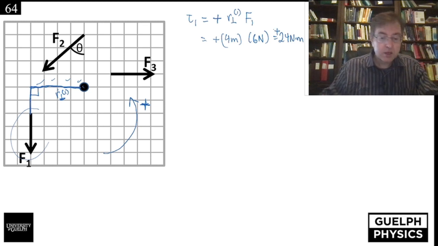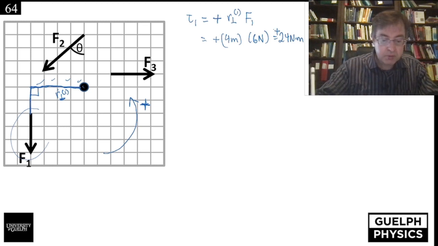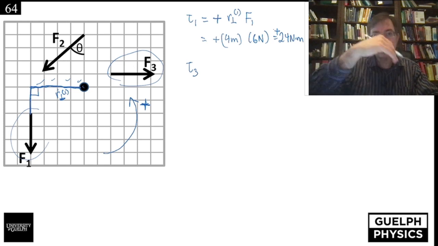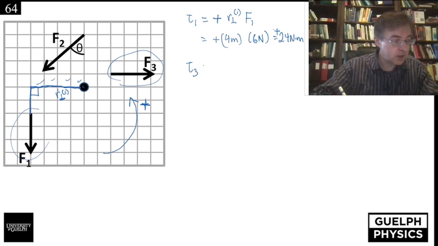Then the other simple one to do is F3, or torque 3. Looking at F3, it's going to create a clockwise torque, which is going to be negative, so I'll put the negative sign there. Again, I can extend the line of force back and look at this. This is the R perpendicular 3.